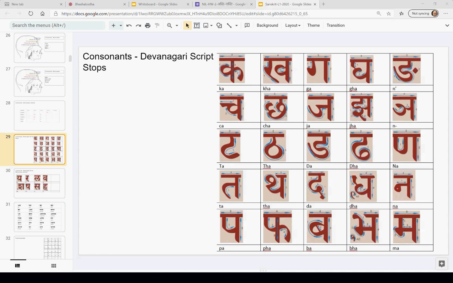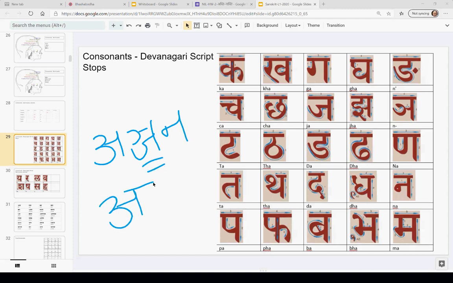So in Sanskritam, when we pronounce such words, for example, let's say anjana. So anjana, here there is ja, so we should not write it any other way, like this.